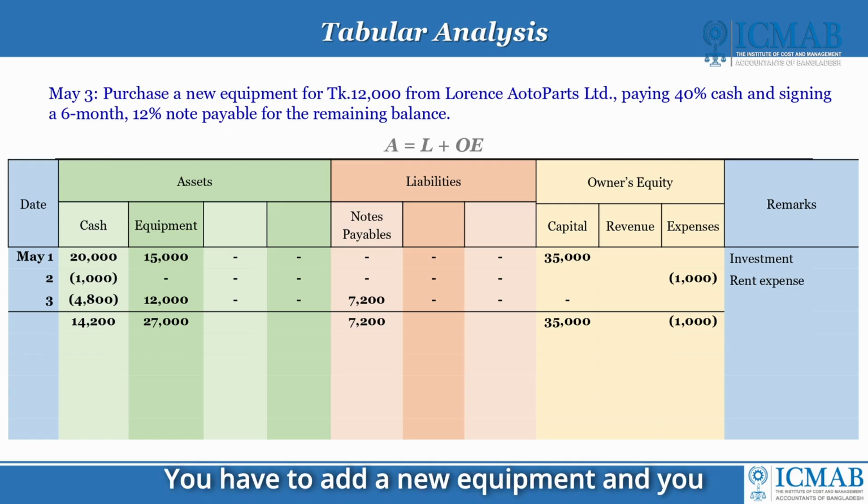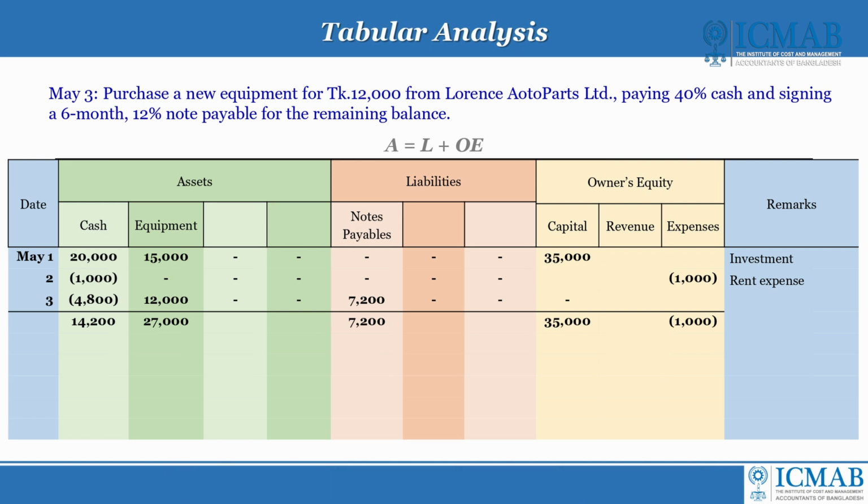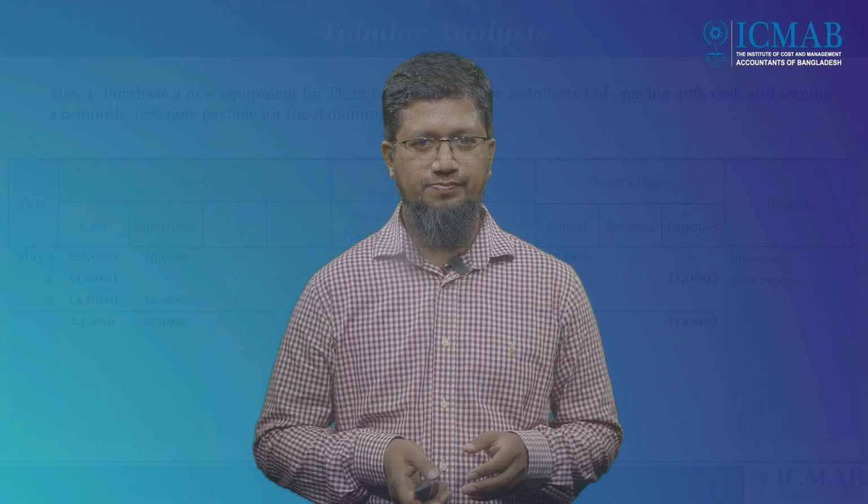You have to add the new equipment under the column equipment, and you have incurred a new liability called notes payable, and you have to put 7,000 Taka under the column notes payable. So if you check the slide, you will find that the cash balance is now 14,300, equipment balance is 27,000 and liability is 7,000, and the net balance of owner's equity is 34,000. And if you sum, then you will find that total asset equals total liability plus owner's equity.